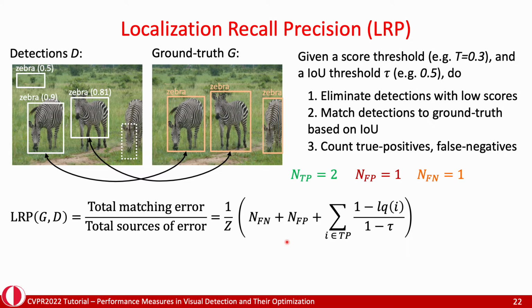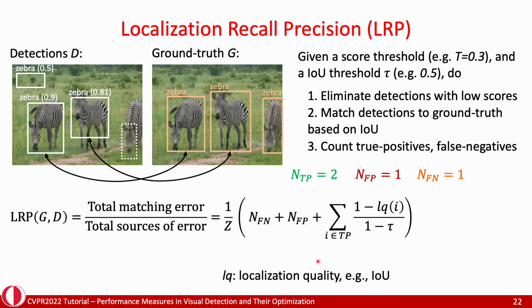In this expression, we take into account all types of errors: false negatives, that is the misses, false positives, and the localization errors of true positives. Each true positive in the detection contributes to the LRP error proportional to its localization error, which is 1 minus the localization quality of that particular detection.